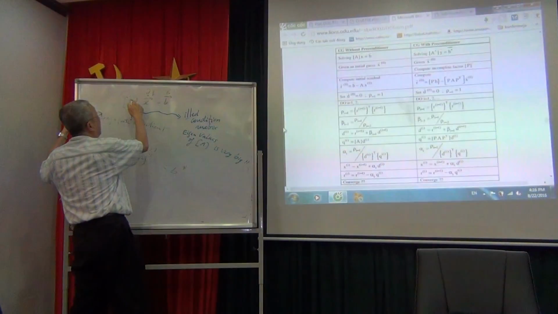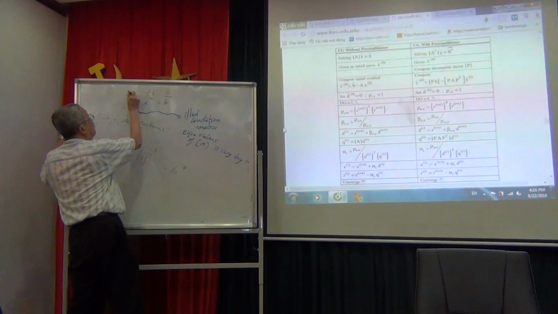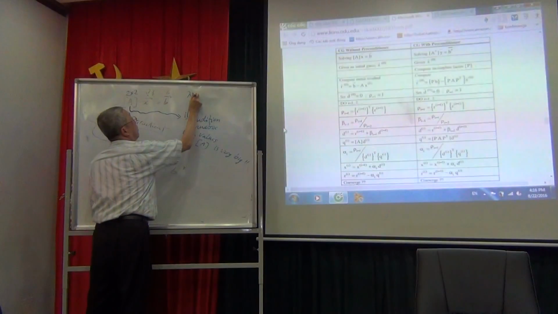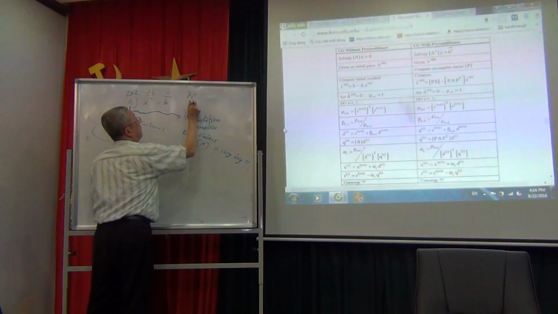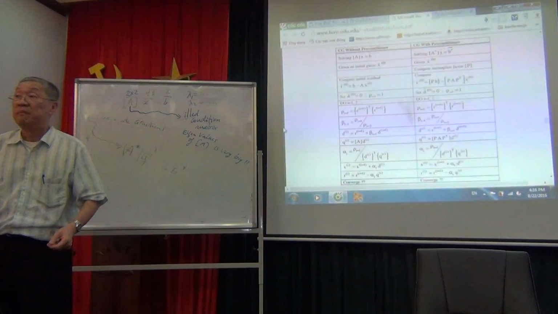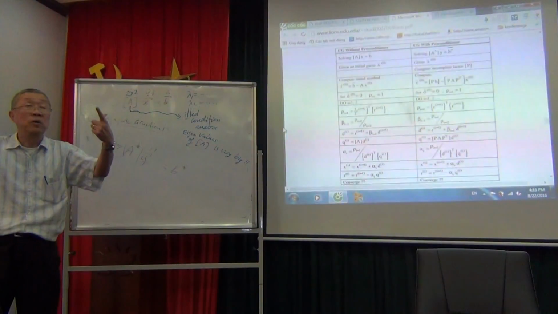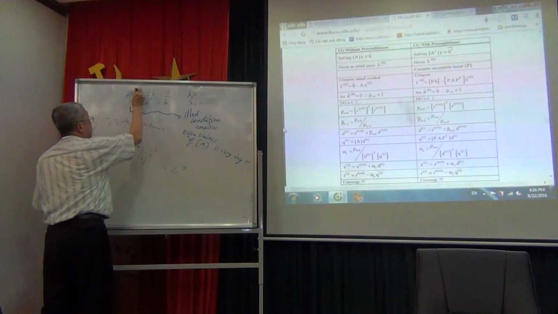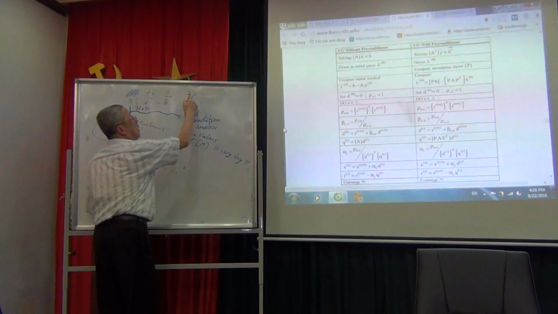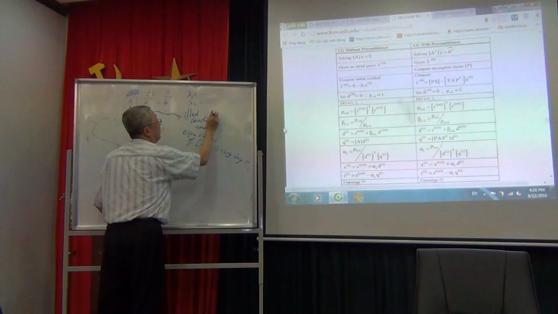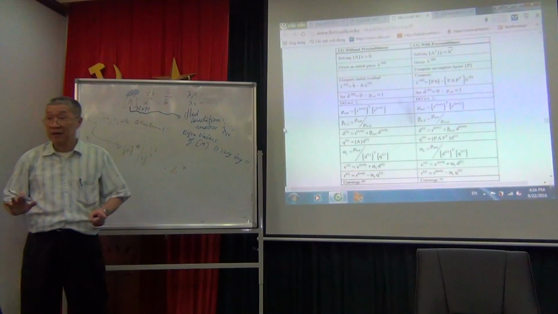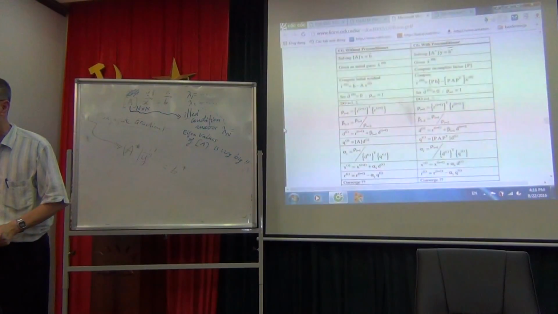If I have a matrix A which is 2 by 2, what do we get? Lambda 1 equal to some value, lambda 2 equal to some value. Now, in general, if this is not a 2 by 2 but an n by n, then you have lambda 1, lambda 2, up to lambda n. Okay? Is that right?